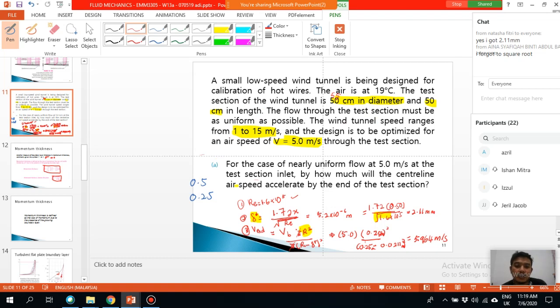The Reynolds number formula is Vx over nu. V is no problem, nu is no problem, x is a problem. Some people will use 50 centimeter, some will use 55 centimeter. So in this case, the correct one is 50 or 55?